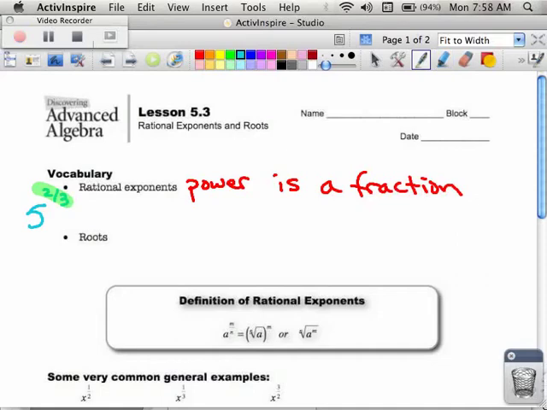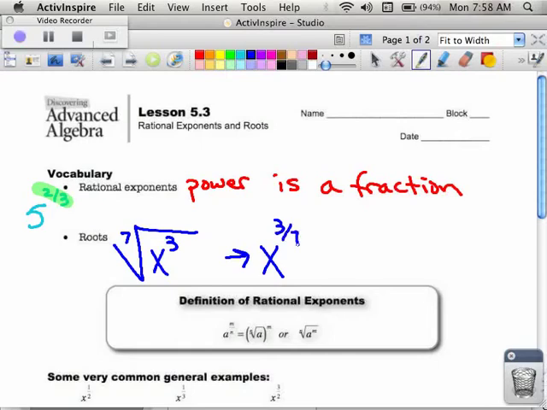So that's all it means. And a little bit ago we talked about how when you see something like the 7th root of x cubed, this really means the same thing as x to the 3/7 power.